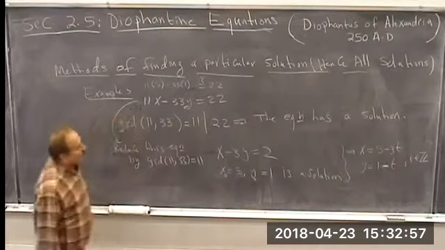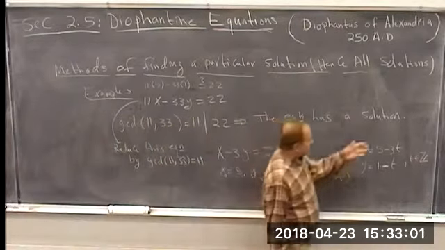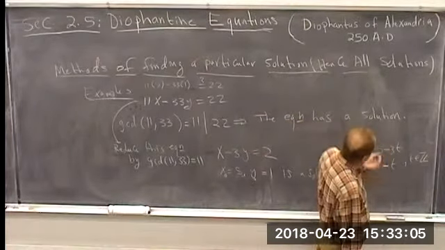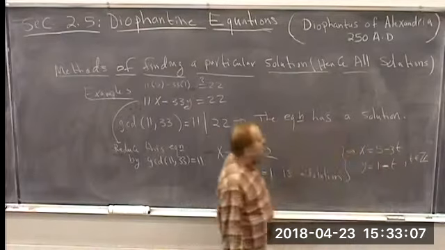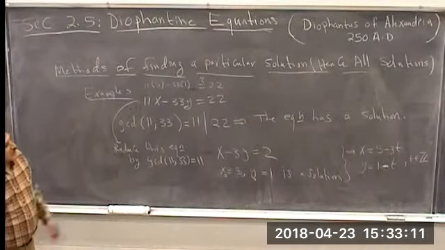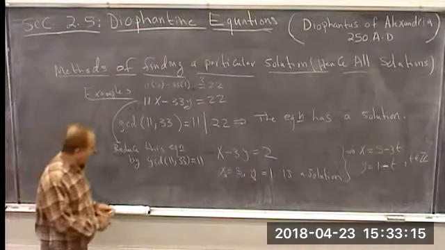All right, now from this one you can generate numerical solutions by taking t to be whatever integer you wish, and you plug in for t and get x and y, and you come up with a new solution and so on.